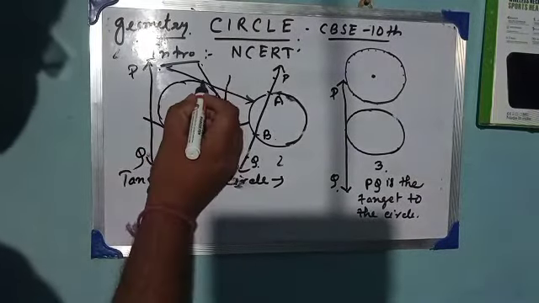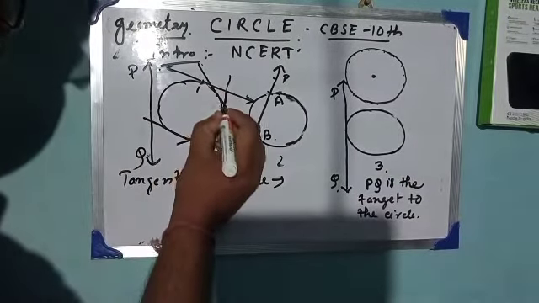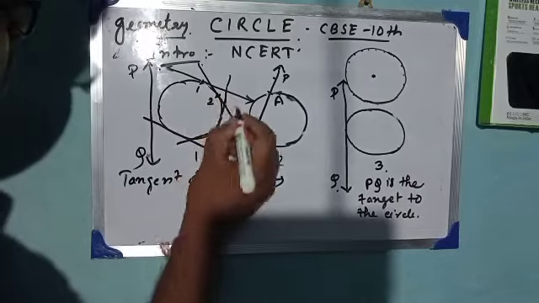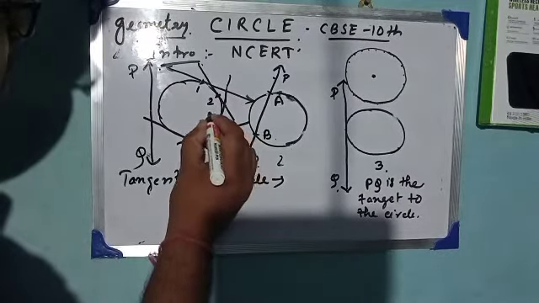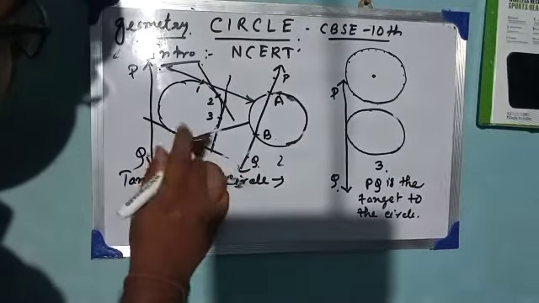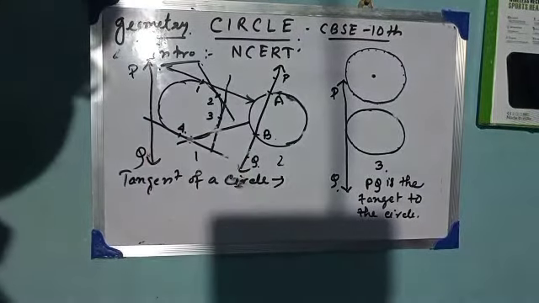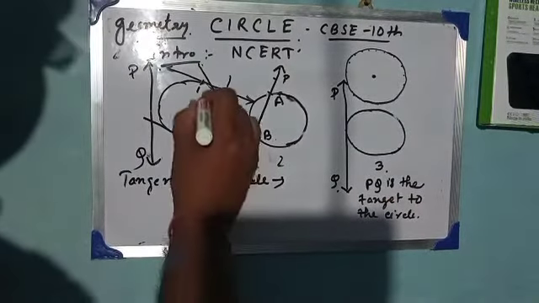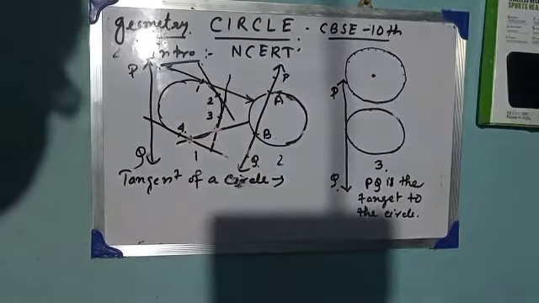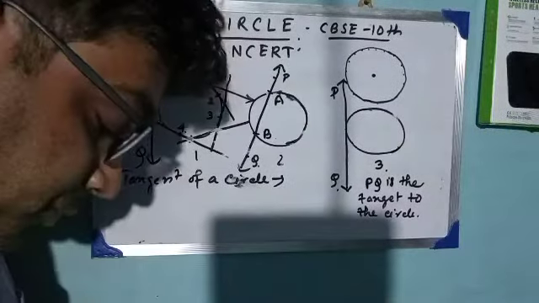So this is the first point, the second point, the third point, this is the fourth point. Every point contains only one tangent. That thing we have to remember.